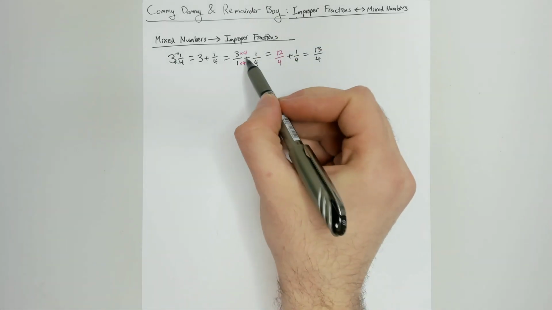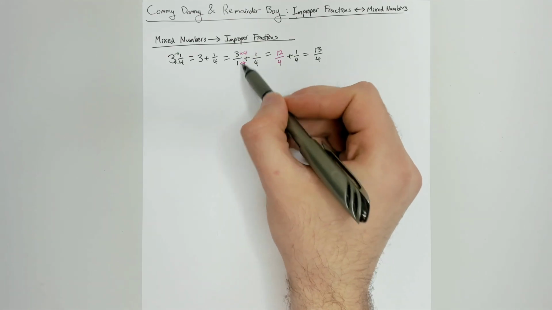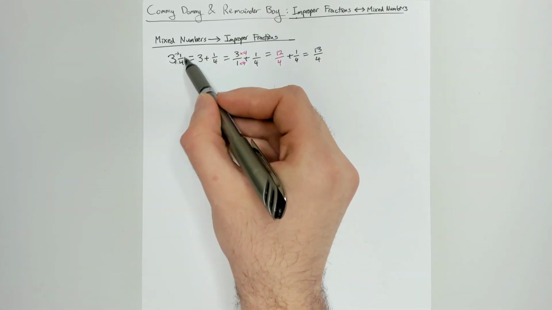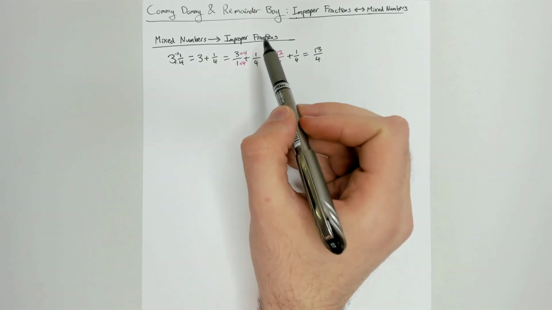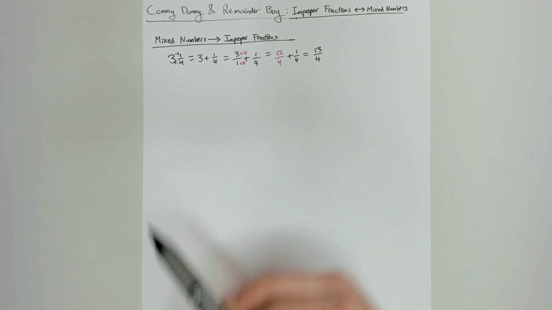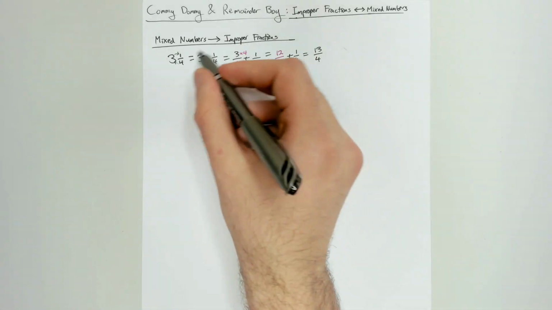We multiplied the 4 by the 3 because that was part of making the common denominator, and then we added the 1 because that was part of adding the numerator of that fraction. So when you learn converting mixed numbers into improper fractions, one method is denominator times the whole number plus the numerator. But this is why. This is what's really going on there. So I want to emphasize that.